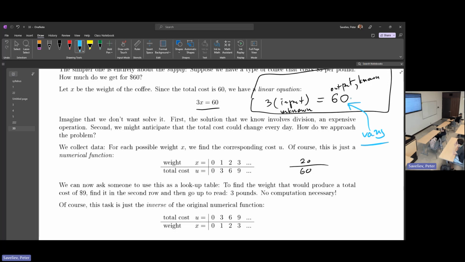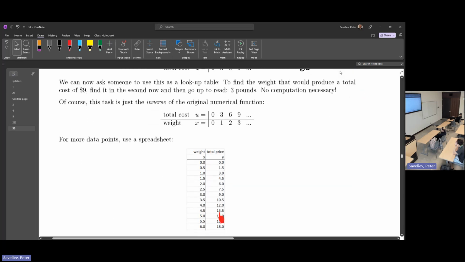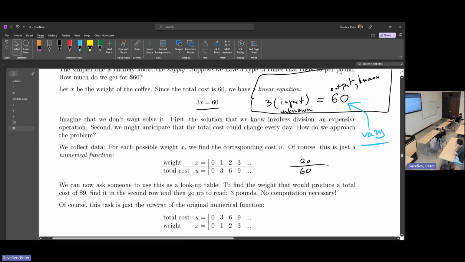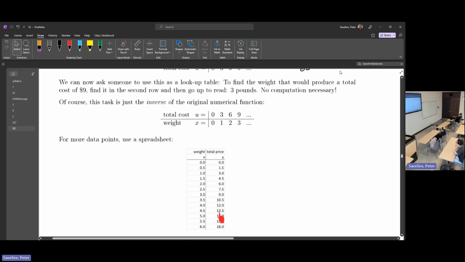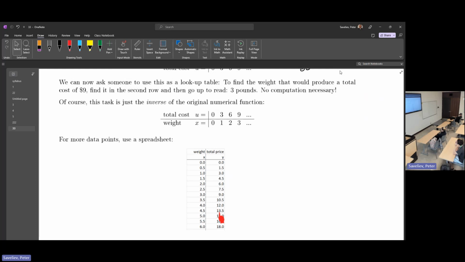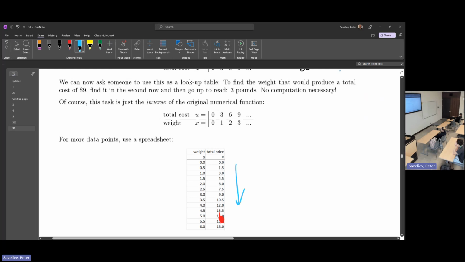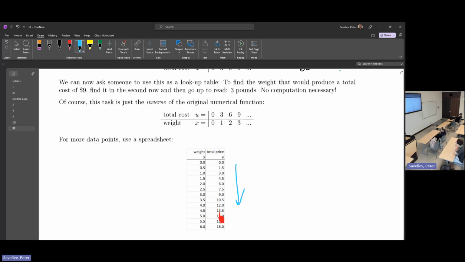And the answer is, once again, if you have the table of pre-computed values of your function, then you can just examine it with your finger, or in a spreadsheet, there's a lookup feature that will find it for you. So it goes through the right column and then gives you as the output the corresponding value in the input column.